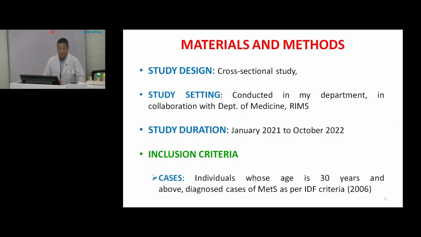This study was conducted in our department in collaboration with the medicine department. It is a cross-sectional study. During the period of January 2021 to October 2022, cases included individuals aged 30 years and above, diagnosed with metabolic syndrome as per IDF criteria.